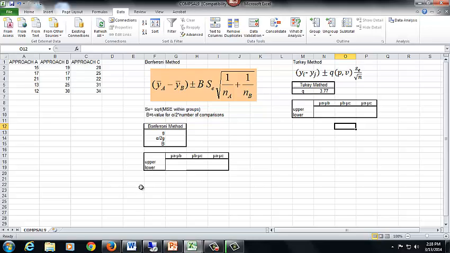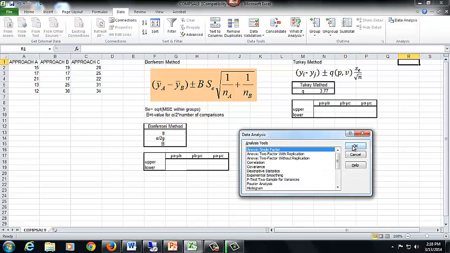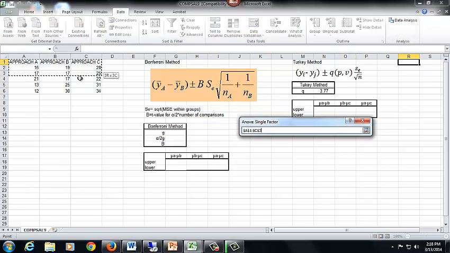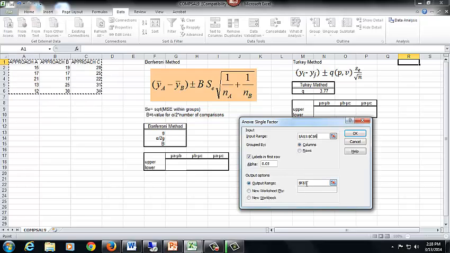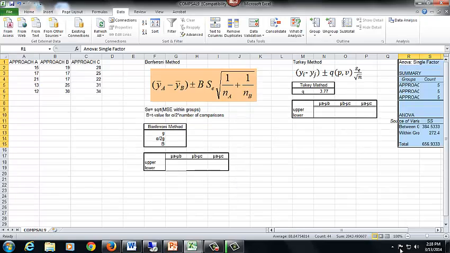So I'm going to go ahead and run my same basic single factor ANOVA to test, is there a difference between the approaches, testing H0, there is no difference between the 3 approaches. So single factor ANOVA, here's my data, I have labels in my first row, and I want to put my output over here.